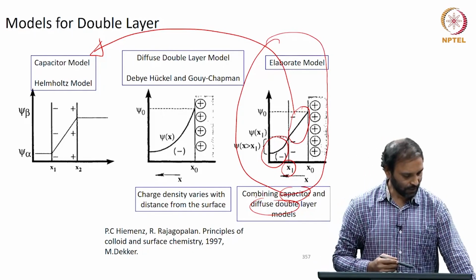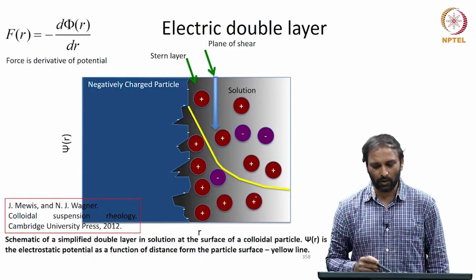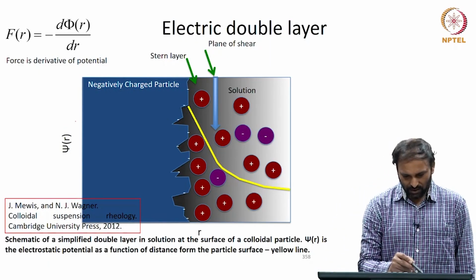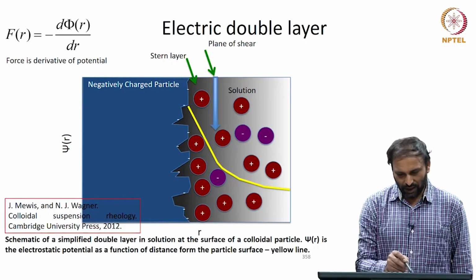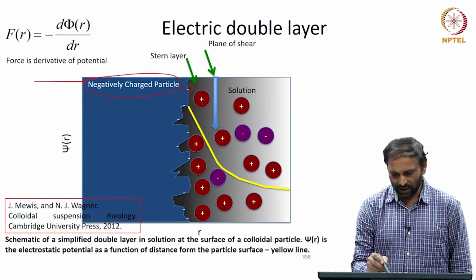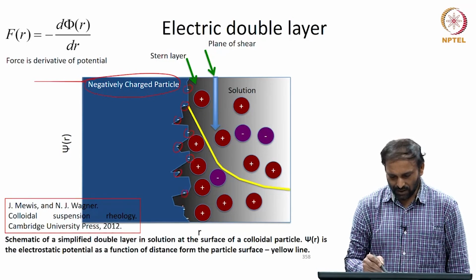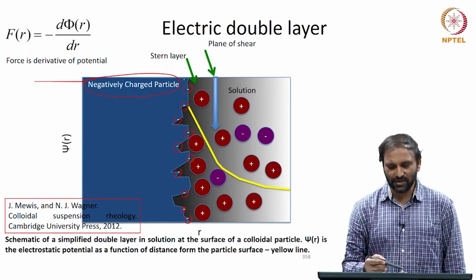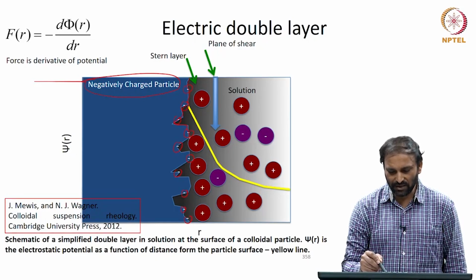Okay. So with that, we will talk in a little more detail about the electrical double layer itself. There is a schematic here in which you have a negatively charged particle, and these are the negative charges represented on the particle surface. As you can see, it's a real surface, therefore it exhibits these undulations.